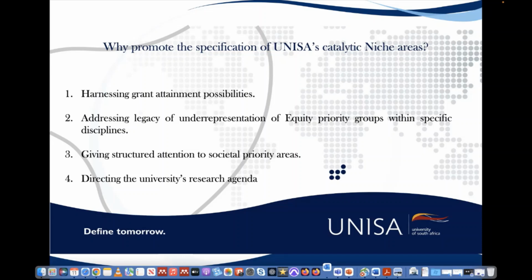We also have chosen certain things to be niche areas because they give us structured attention to societal priority areas. So for example, if we know that the health of African nations is very, very compromised, we want anyone who's studying anything to always consider the health dimension as well.